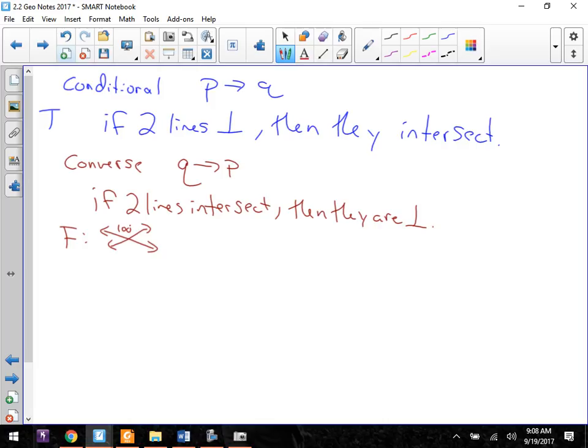The inverse then goes back to your original. The original was if two lines are perpendicular, then they intersect. This tells me to put the word not on both sides.